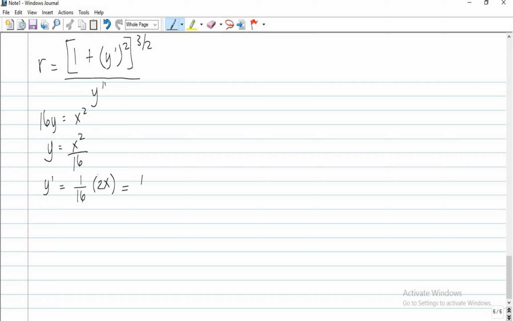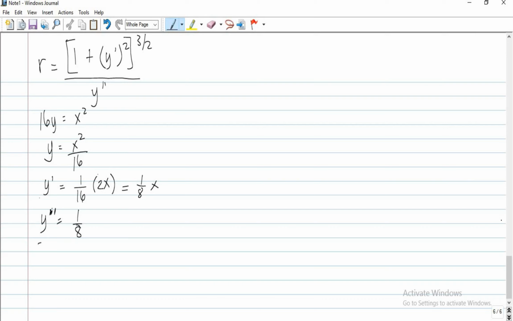So, magiging 1 over 8x. The second derivative of 1 over 8x, ilalabas ko lang si 1 over 8. Derivative of x is 1. So, hindi ko na siya isusulat. So, ito ang ating y prime at saka y double prime.